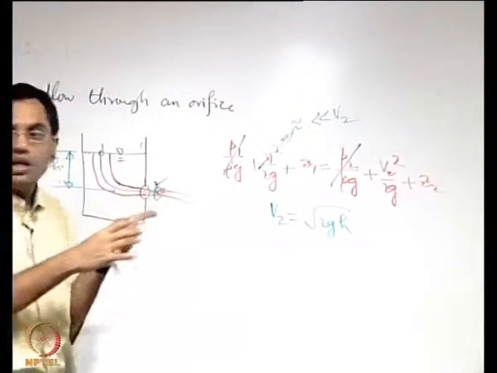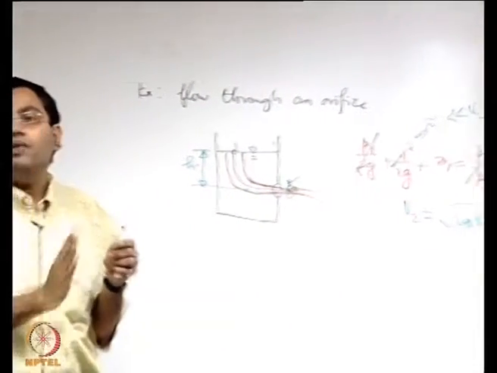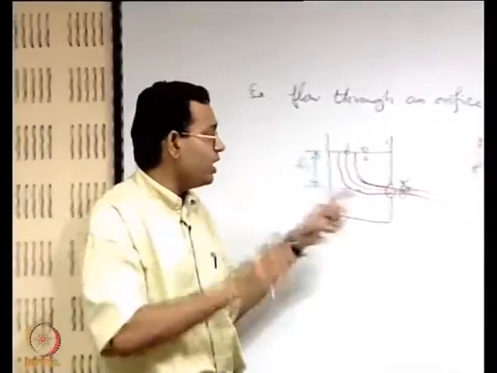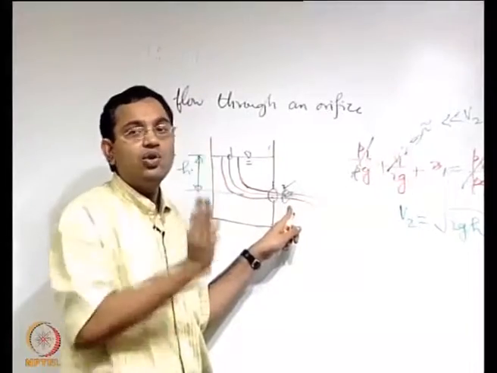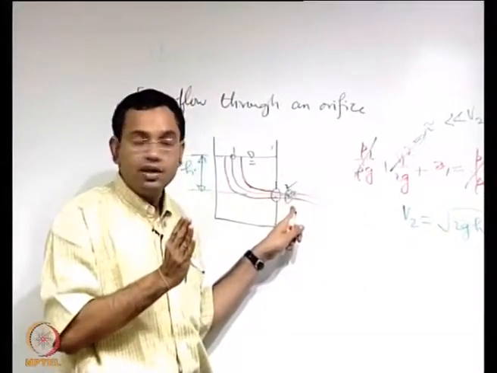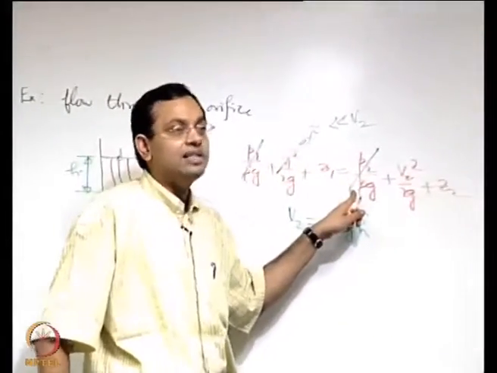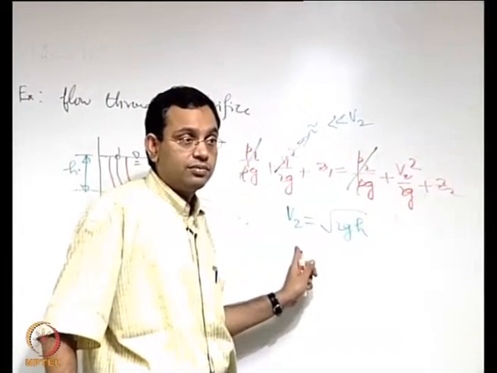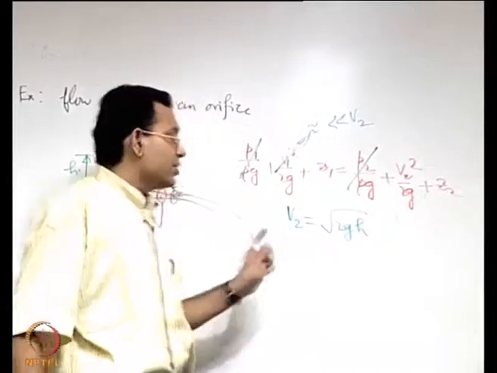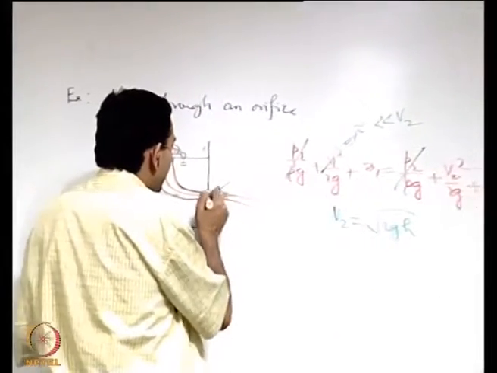Because of the streamline curvature, there will be a difference in pressure as you go across it. Only at the vena contracta is that true, because streamlines are parallel, so there is no normal gradient of pressure across the streamline. So whenever you take it as P atmosphere, you have to take this section 2 at the vena contracta. So that means this is not the velocity at the exit.